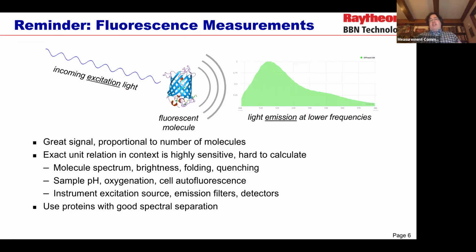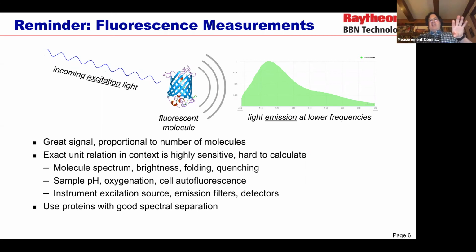So how does this actually work? Brief reminder about how fluorescence works again. If you were here last week, you will have seen this before, but fluorescence basically works by, we have some molecule, here's a GFP in the middle here, which incoming light excites and causes to resonate across a wide range of frequencies as it emits light back out again.